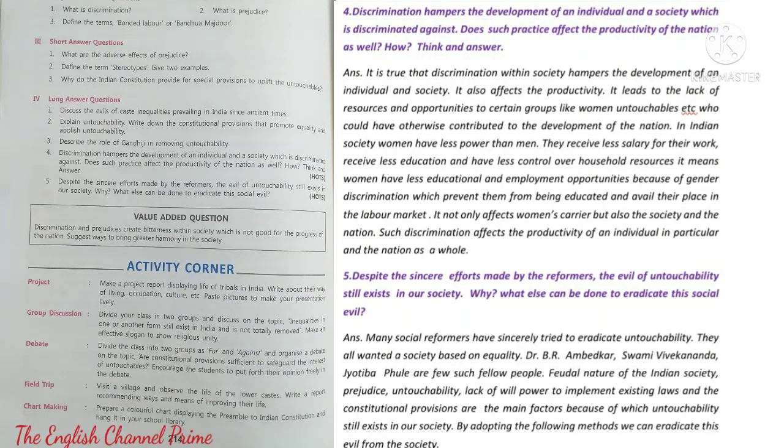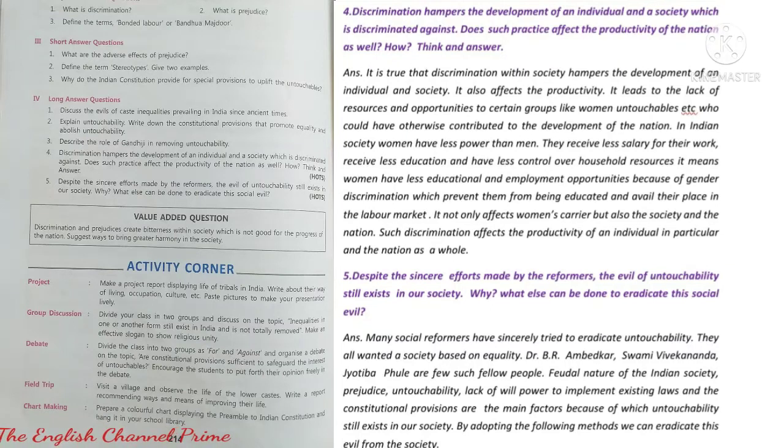It means women have fewer educational and employment opportunities because of gender discrimination, which prevents them from being educated and availing their place in the labor market. It not only affects women's careers but also the society and the nation. Such discrimination affects the productivity of an individual in particular and the nation as a whole.